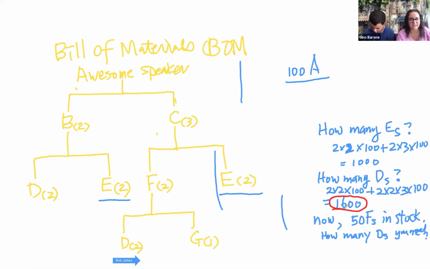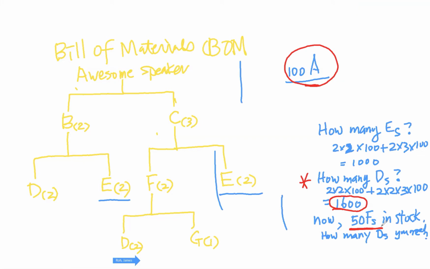And then you would cut the 600 Fs in half and do 300. You're not gonna cut it in half because you need 600 Fs before. Now you found that 50 is in stock, right? So what you need is not 600 Fs, but 550 Fs. Oh, okay.